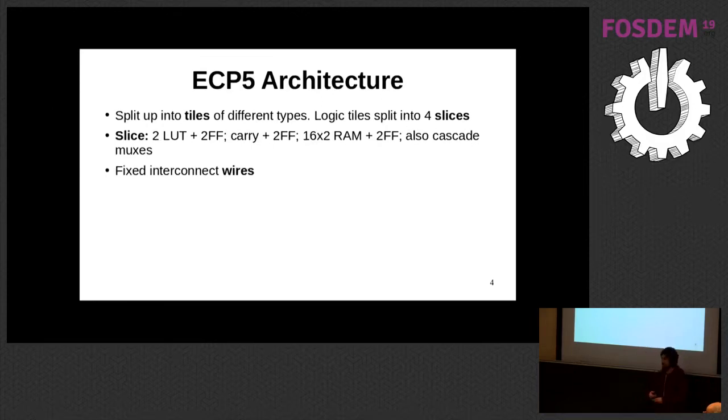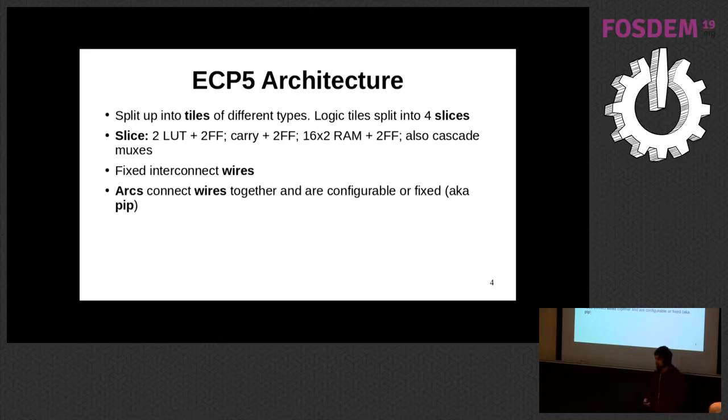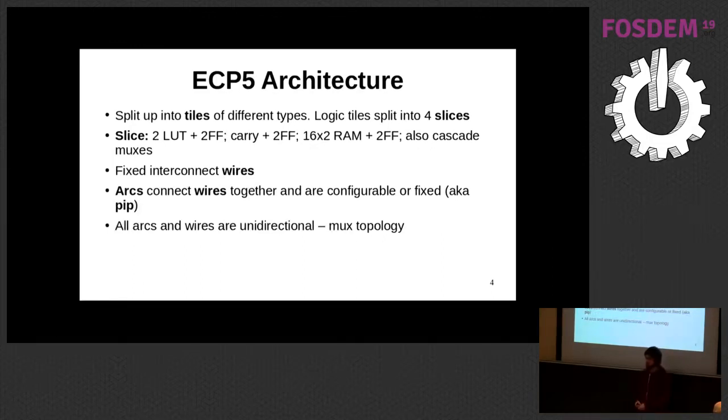And then you have a large number of fixed interconnect wires inside the chip, and those are connected together by what Lattice call ARCs, but in the open source world and in the Xilinx world, tend to be called PIPs, standing for Programmable Interconnect Points. And unlike some earlier FPGAs, all the wires and arcs are unidirectional, so signals only ever go in one direction.